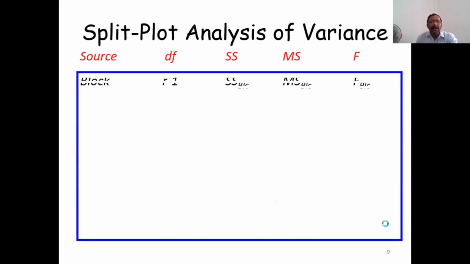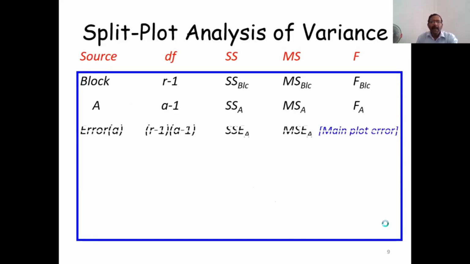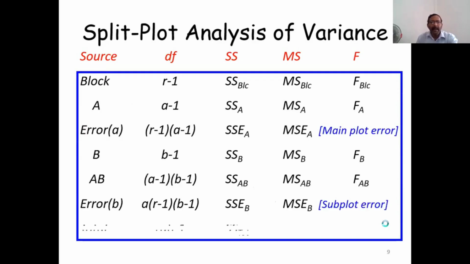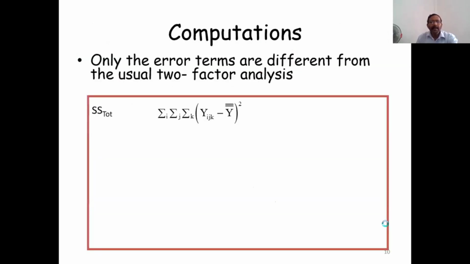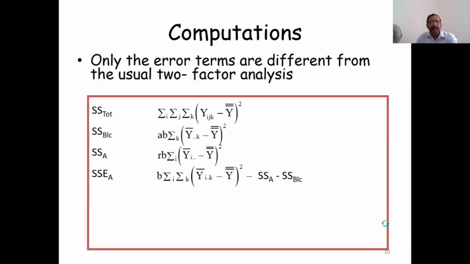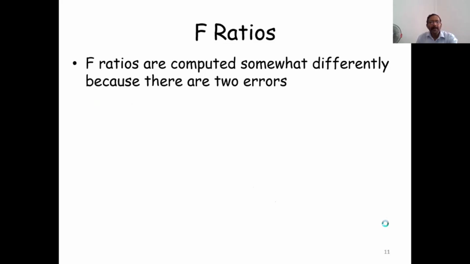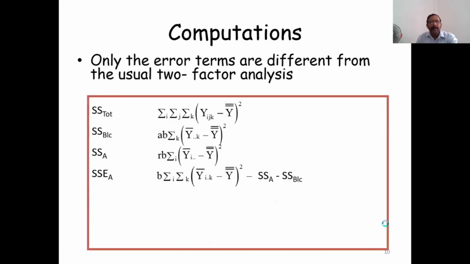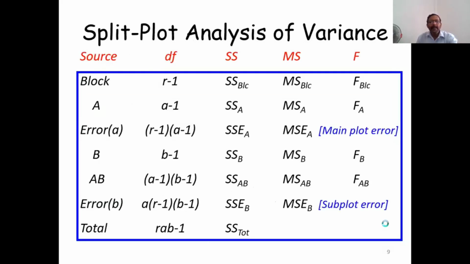This is the ANOVA that we can come up with. I will just brief it. Take down the summary of the analysis of variance. This is for split plot design.